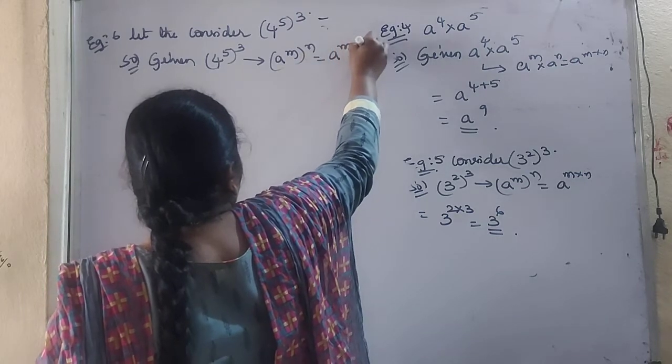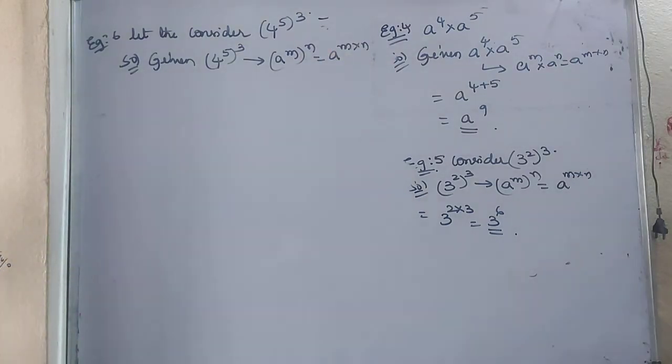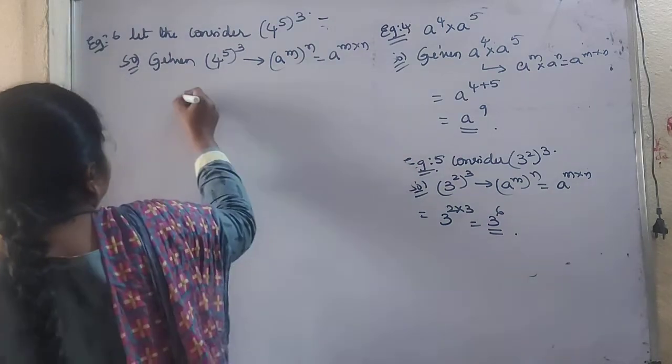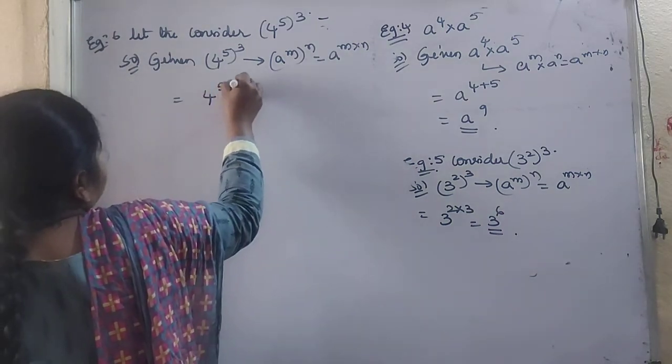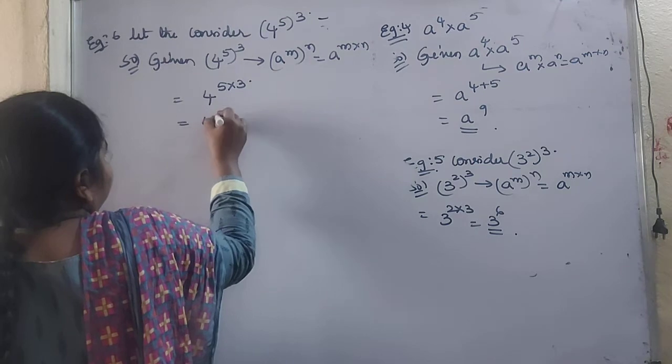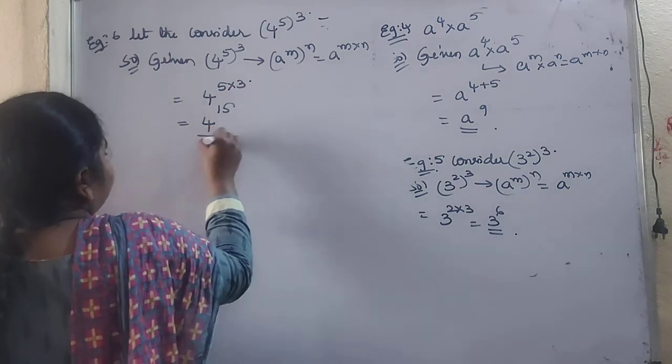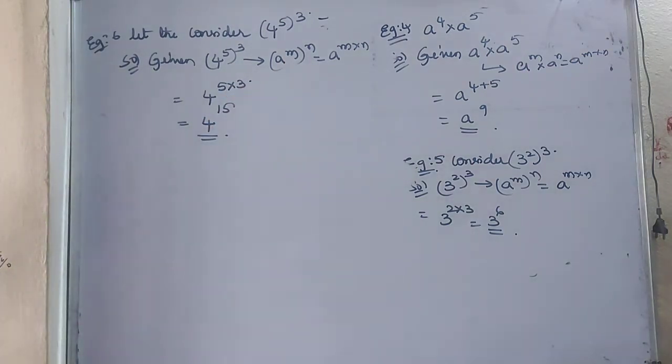So we can write it as a power m into n. So we have to multiply the powers. So it will be 4 power 5 into 3. 5 threes are 15. So what is the answer? 4 power 15 is our answer.